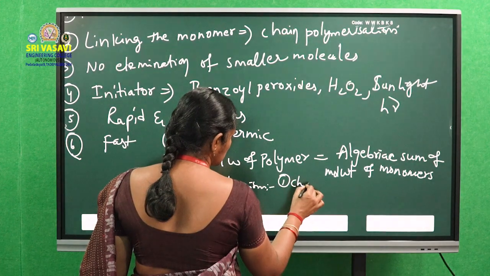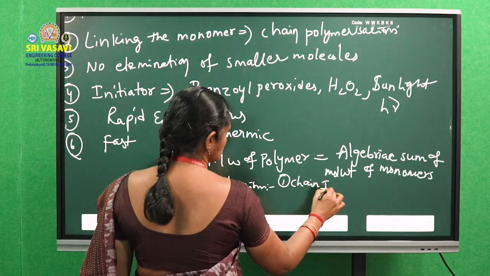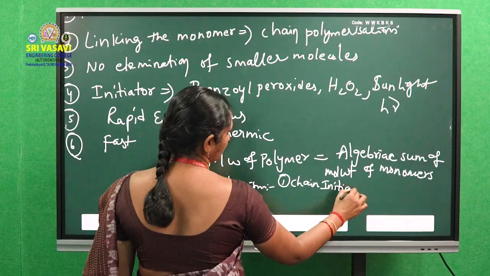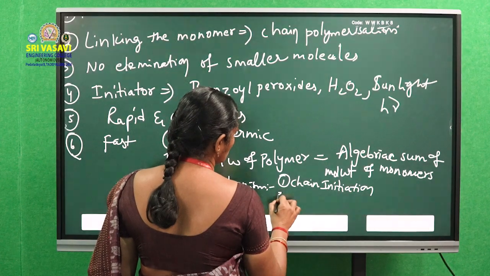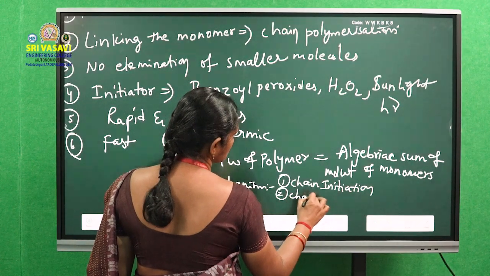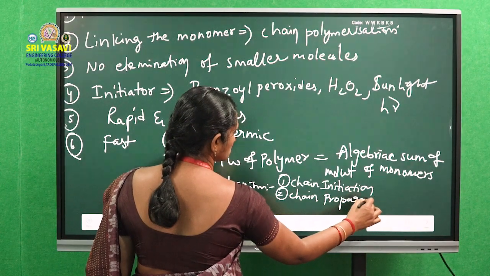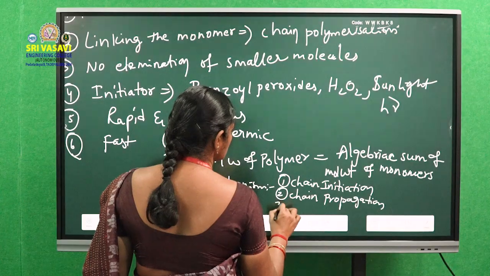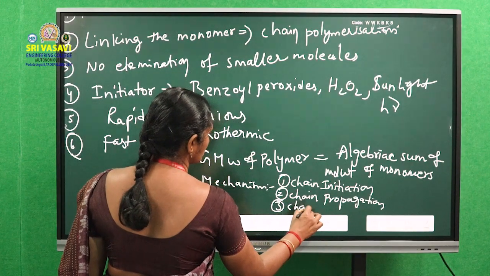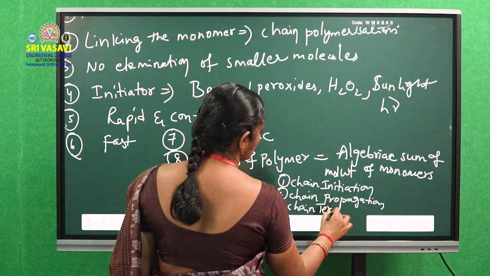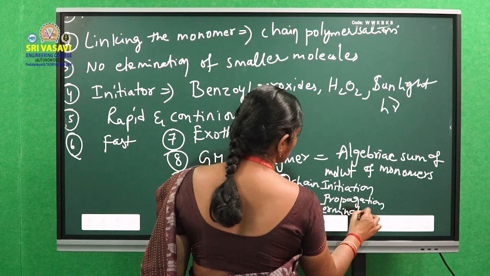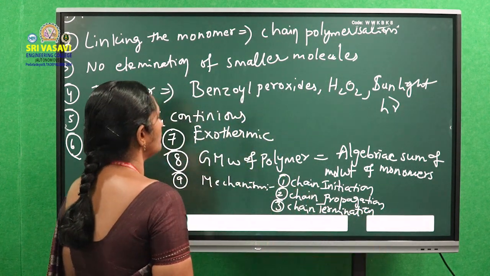The first one is chain initiation. The second one is chain propagation. The third one is chain termination. So these are the 3 steps involved in the formation of a polymer.